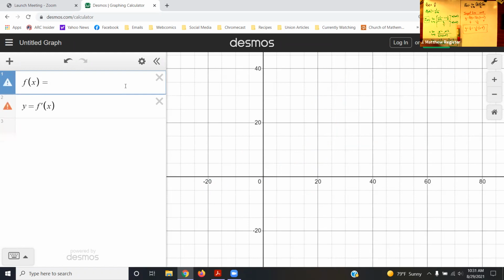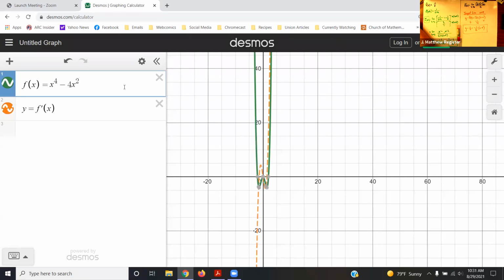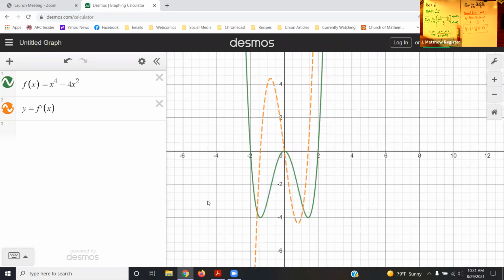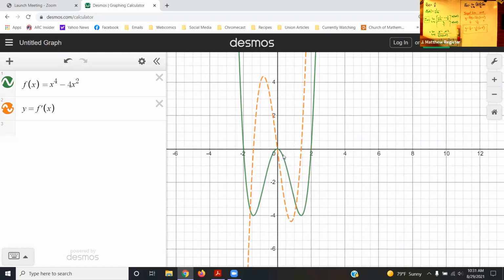How about a quartic function? Let's do x to the fourth minus 4x cubed, or x squared. There we go. And so again, the green function is our main function, and the orange function is the derivative of that. And so for our main function, notice it starts by decreasing, then it increases, then it decreases, then it increases.